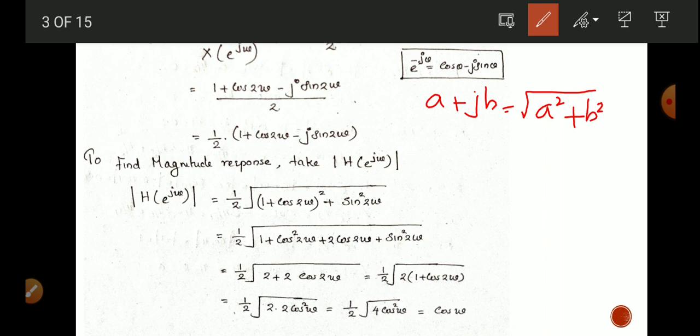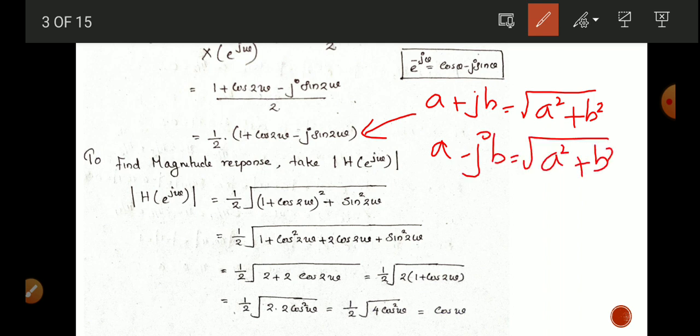Similarly, here 1 plus cos 2 omega minus j sin 2 omega is in the form of a plus jb or a minus jb. A minus jb is also root of a square plus b square. 1 plus cos 2 omega minus j sin 2 omega is in the form of a minus jb. So in this, 1 plus cos 2 omega is the term a and sin 2 omega is the term b.